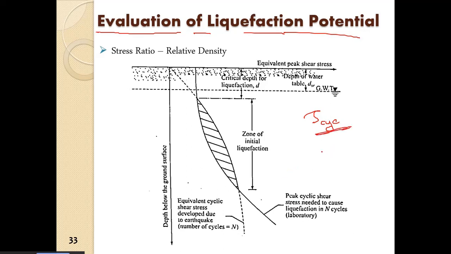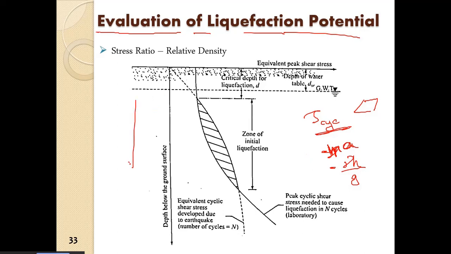We can easily say it is mass or density into acceleration. Mass per unit area is gamma h by g, where h is the depth.